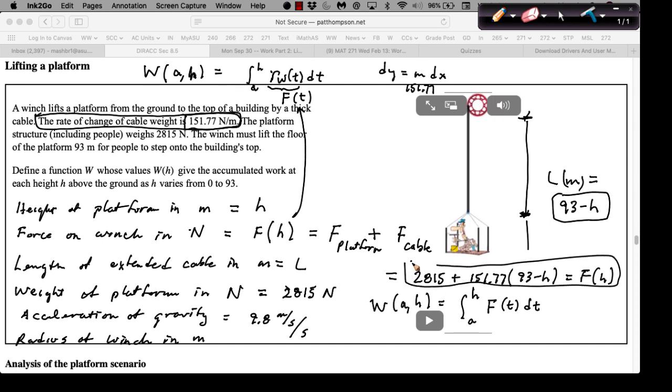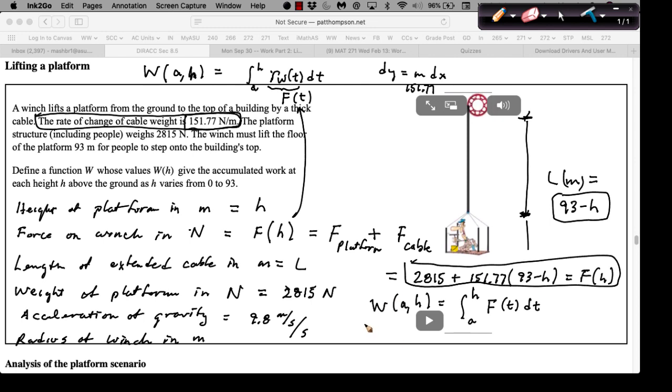This is my rate of change of work. So look, I have a rate of change within a rate of change, right? I have a rate of change of weight or force, and I use that to calculate the force of the cable pulling down on the winch. And then that force is itself a rate of change of work. And so then I use that to write my work accumulation function.